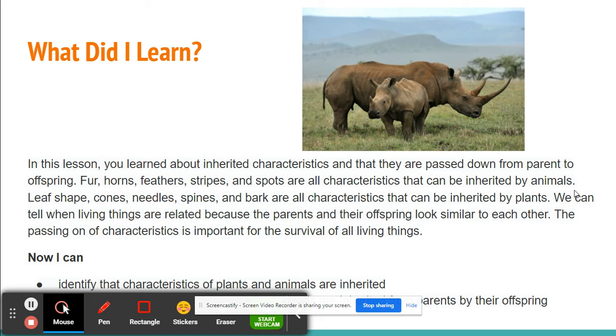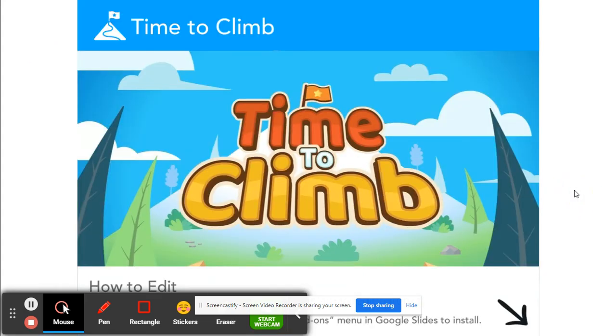The passing on of characteristics is important for the survival of all living things. So now you can identify the characteristics of plants and animals that are inherited, and you can describe or explain how characteristics are passed down from parent to offspring.